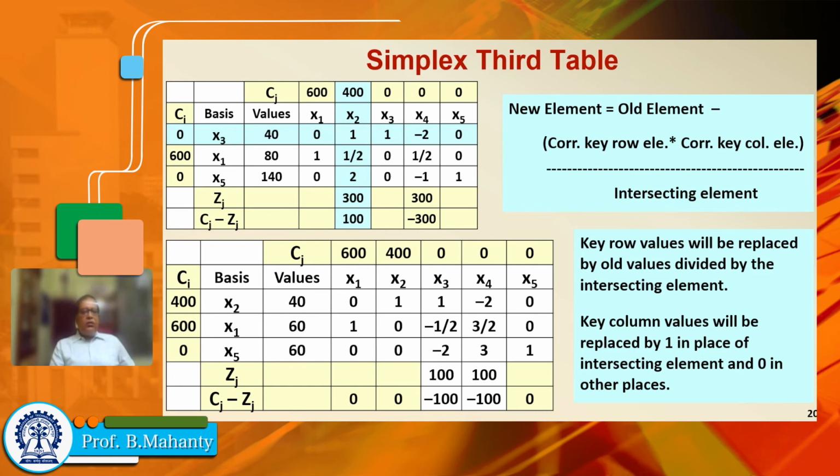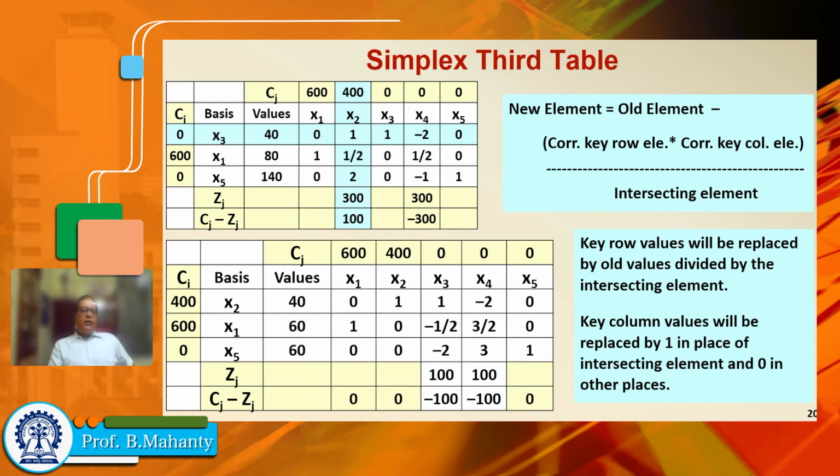And the new column will also be obtained. Right, so we shall also get the new table, and from that new table we can compute the zj and cj minus zj values, because now x1 and x2 have come in. So for x1 we have to write its corresponding cj in this way.